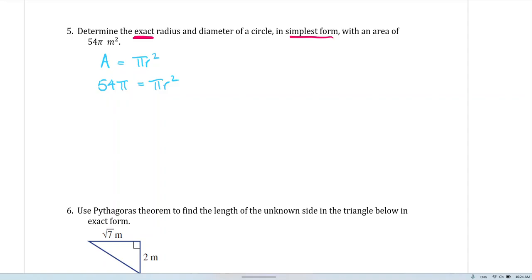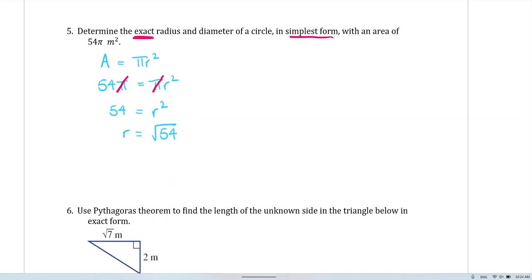Now, we don't really like having all these pi's floating around in our equation, and the good news is that we could divide both sides by pi, and the pi symbols would cancel out. That would just leave 54 equals r squared. Then, to get the r by itself, we would square root the 54.